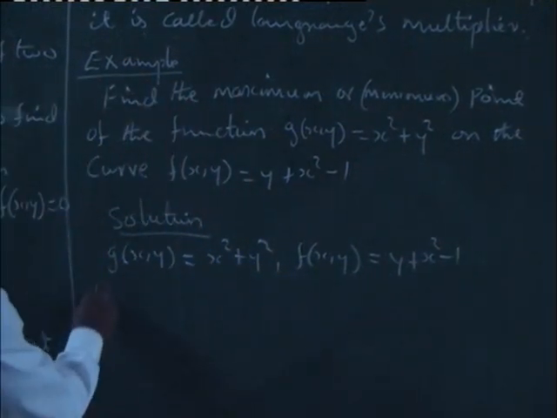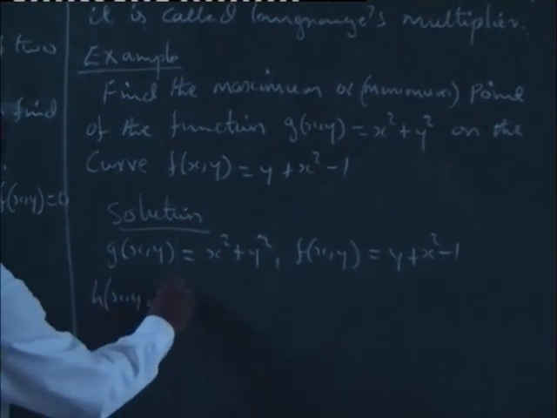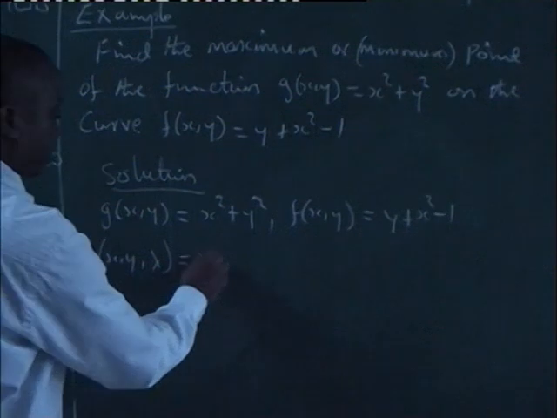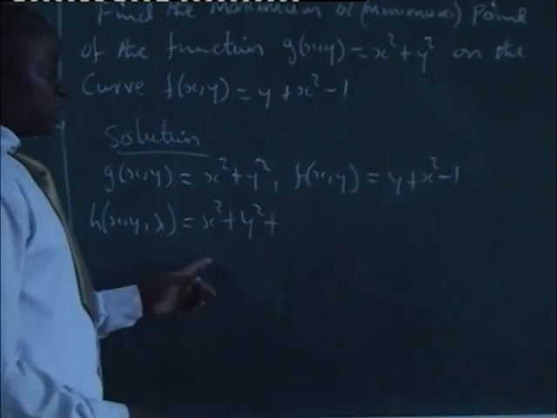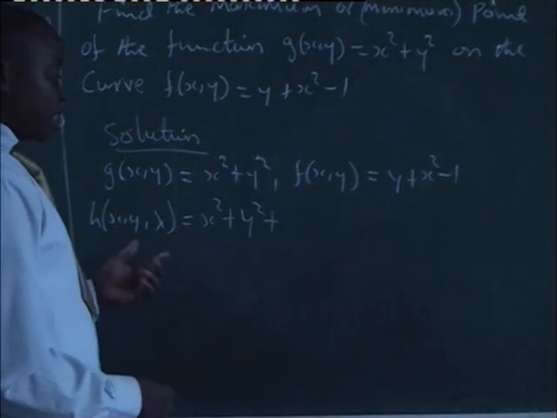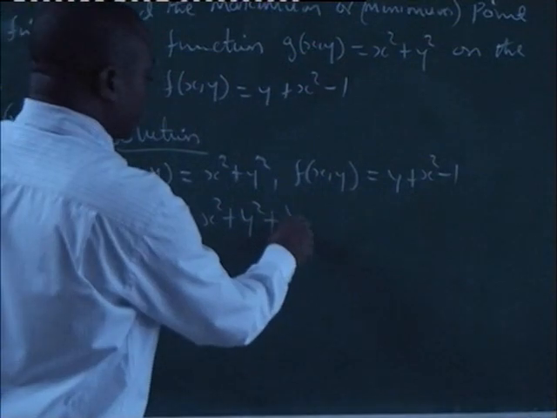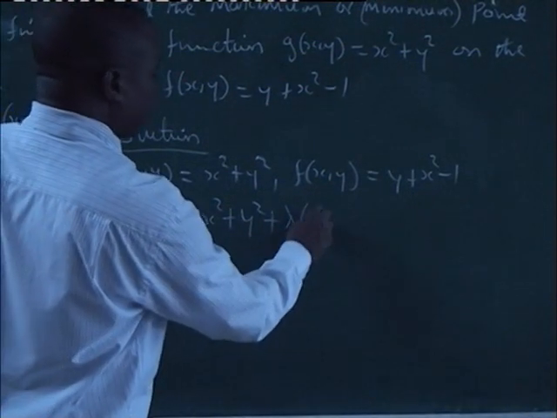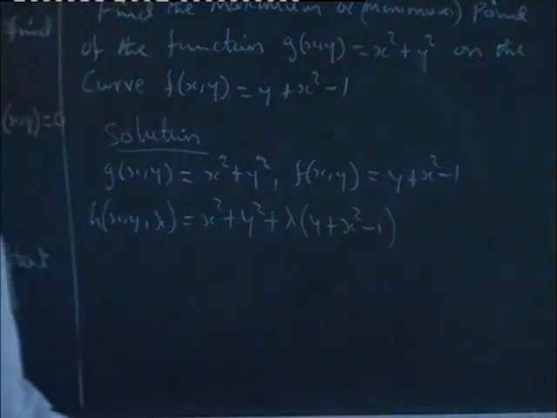So if we define a new function h of x, y, lambda, then we have x squared plus y squared plus lambda times y plus x squared minus 1. So we have added it.